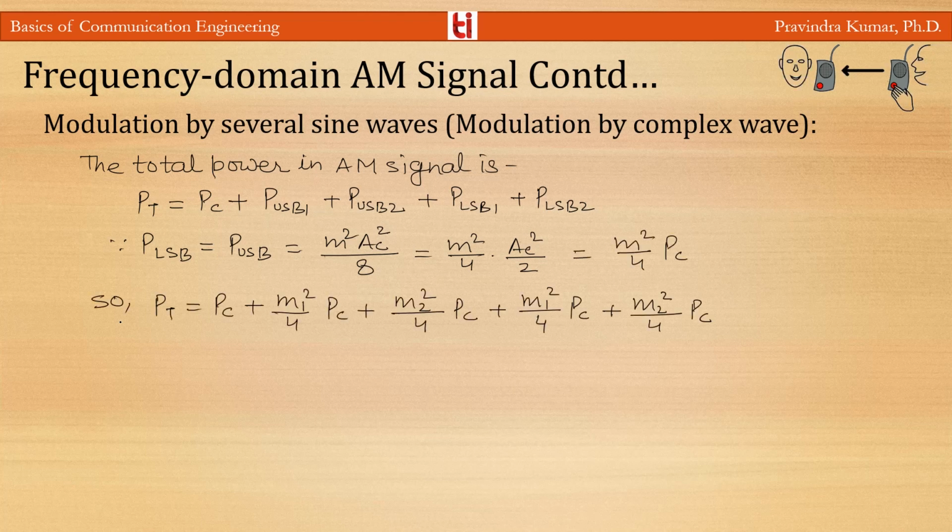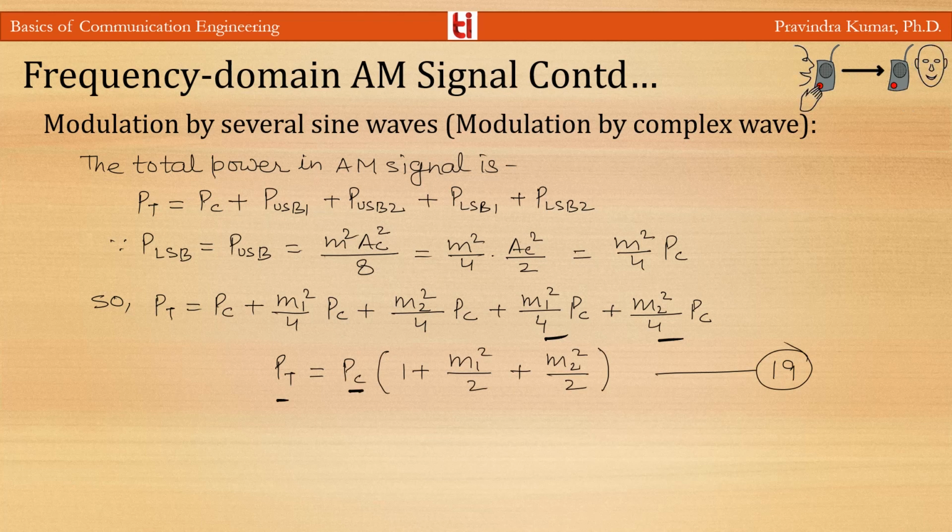So transmitted power is Pc plus m1²/4 Pc plus m2²/4 Pc plus m1²/4 Pc plus m2²/4 Pc, or I can write transmitted power as Pc[1 + m1²/2 + m2²/2].